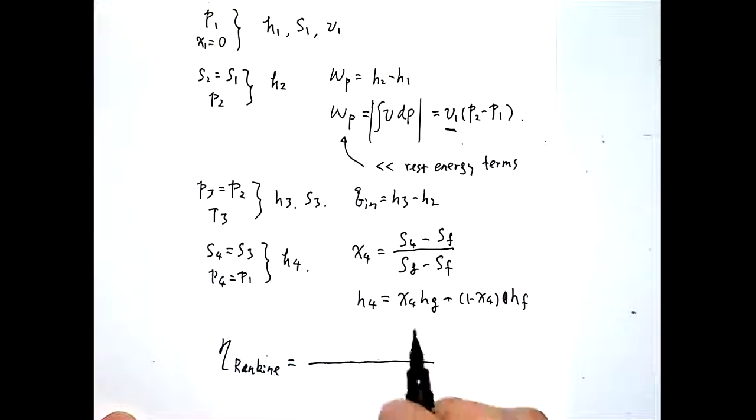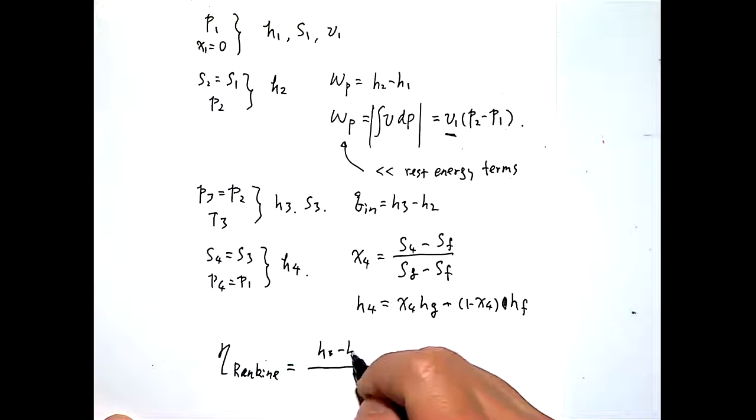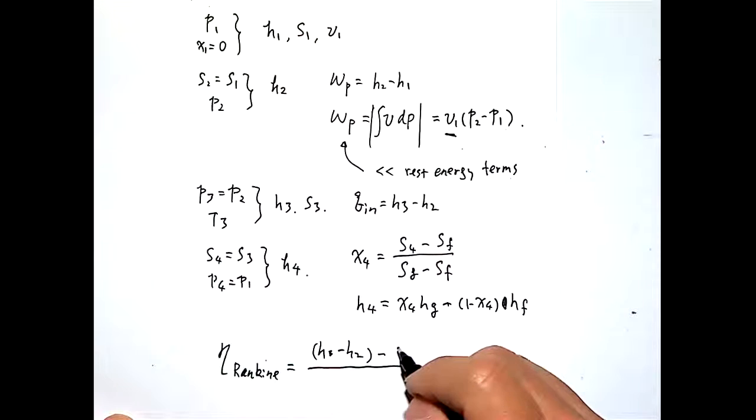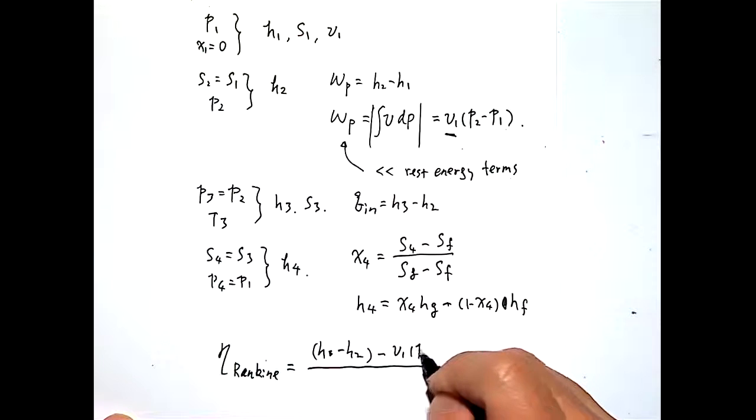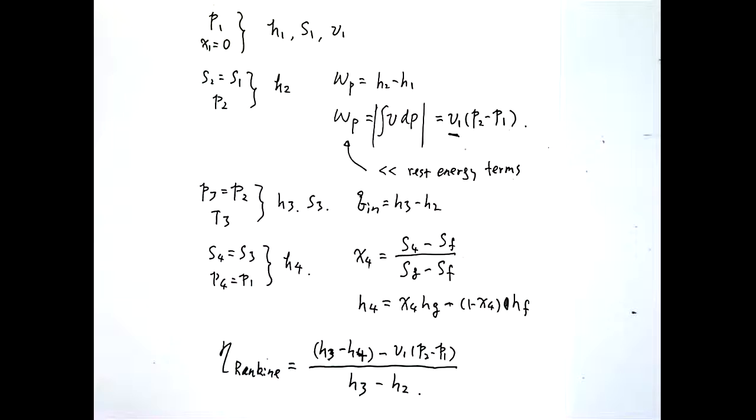So the turbine work we have is H3 minus H4, the pumping work is V1 times P2 minus P1, and the heat input is H3 minus H2. All right, so that's the basic cycle.